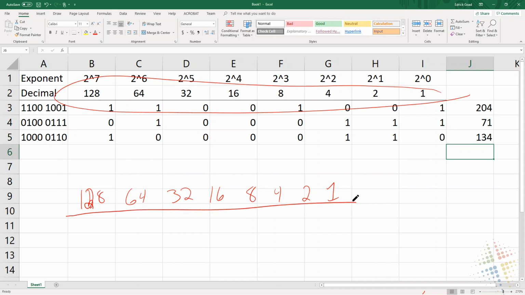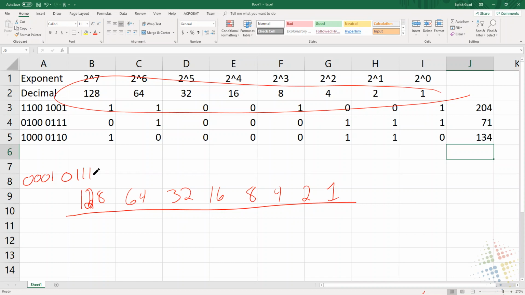I then find my binary number. Let's try 00010111. That's a horrible writing of that. Let's try it again up here. 00010111. There we go.